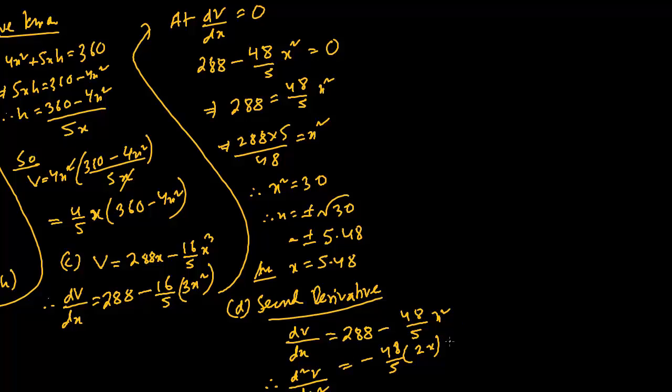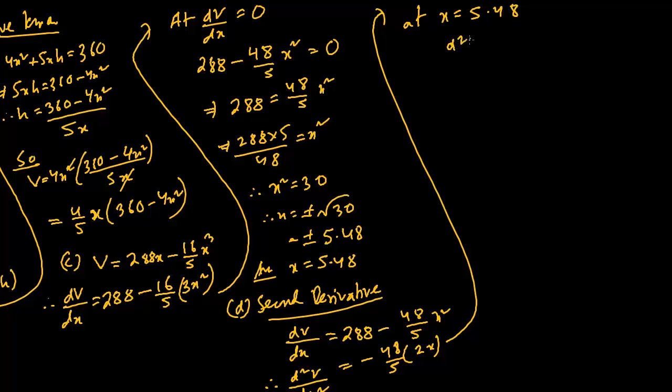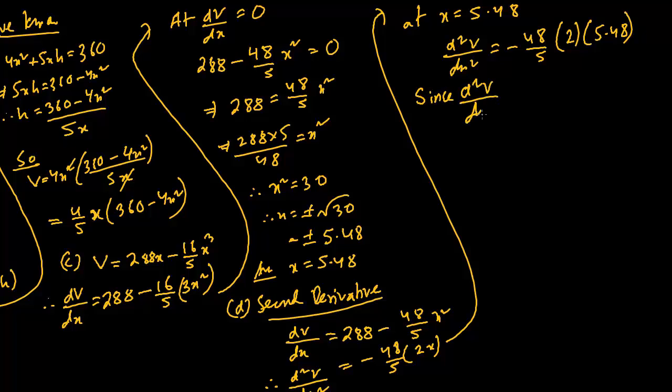Obviously this is going to be negative. So at x equals to 5.48, d2v by dx squared is going to be minus 48 by 5 into 2 into 5.48, which is going to be negative because we have a negative in front of here. So we don't have to calculate this. We just need to know whether it's positive or negative. So since d2v by dx squared is less than 0, it is maximum. So that's all they ask for, whether it's maximum or not.